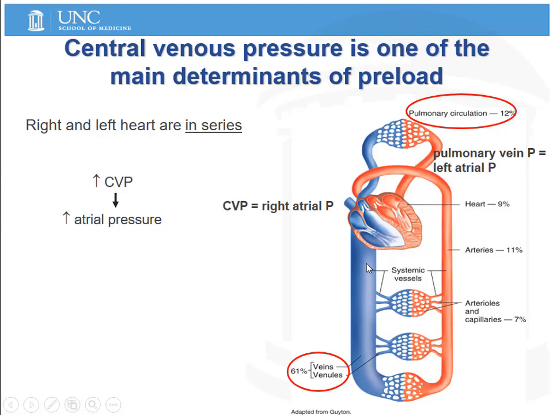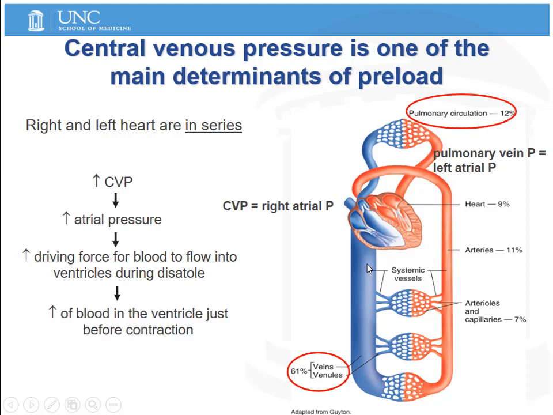And this increases the driving force for blood to flow into the ventricles during diastole. Because of this increased driving force, there's an increased volume of blood in the ventricle at the end of diastole just prior to contraction, which is an increase in preload.